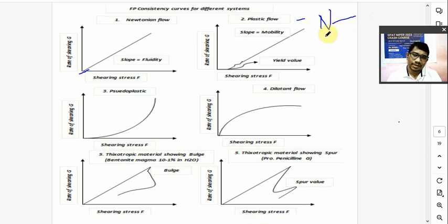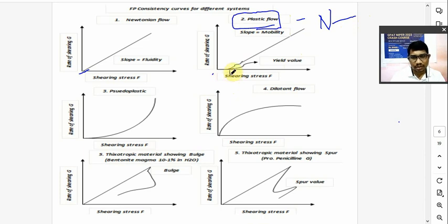When you apply stress to them, for example, plastic flow. What do you mean by plastic? Material showing plastic flow, how will it behave? If you apply stress, it will not begin to flow. It will take some time.